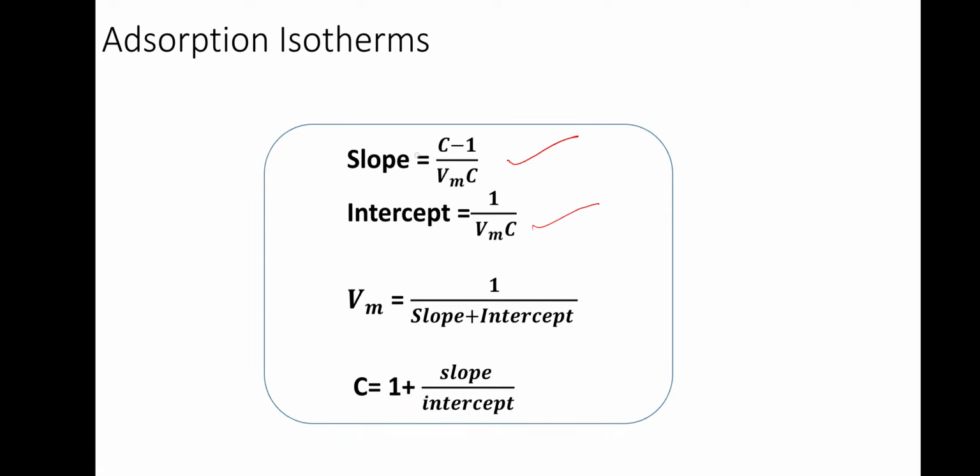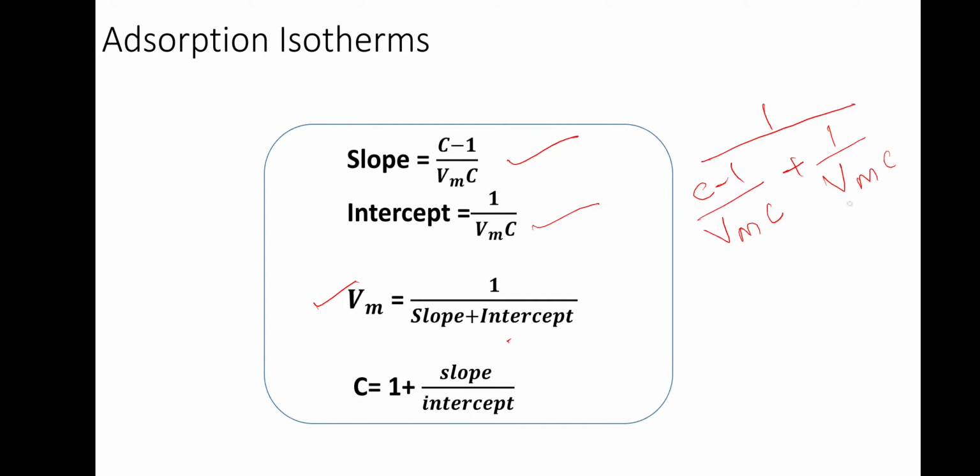So from this we can calculate Vm and C. How will we calculate Vm? In the expression you have to use 1 divided by (slope plus intercept). So 1 divided by slope plus intercept is 1 divided by (C minus 1) divided by VmC plus 1 divided by VmC.